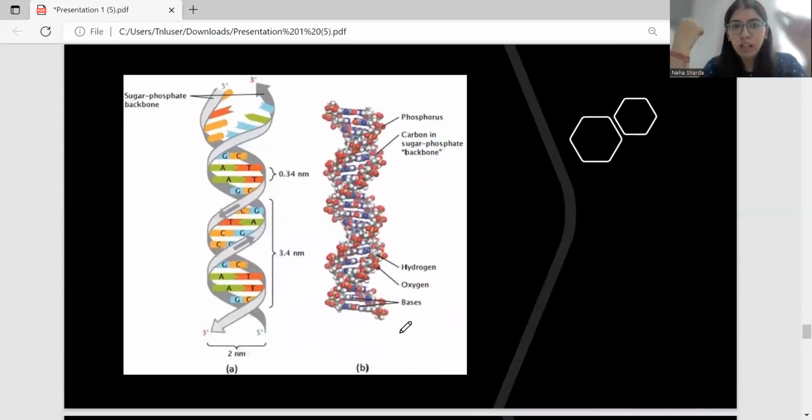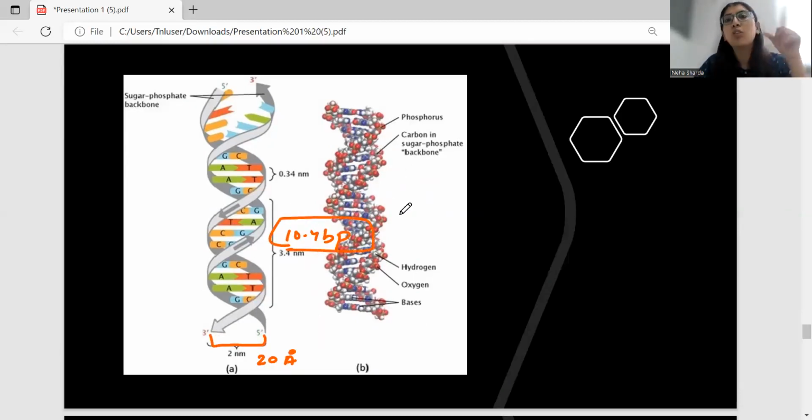Now, another important thing about DNA, they will form a helical structure with opposite polarity. One is from 5' to 3', another strand will be 3' to 5'. Now, these helical structures have diameter of 2 nanometer or 20 angstrom. One helical turn has 10.4 base pairs.